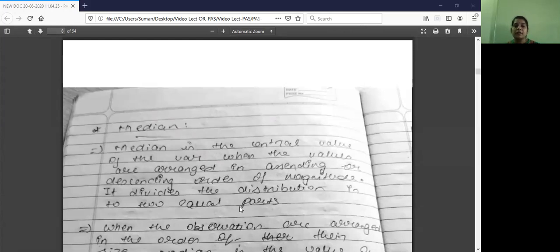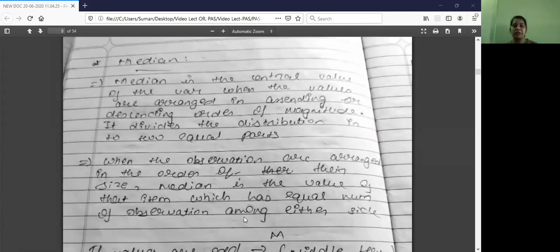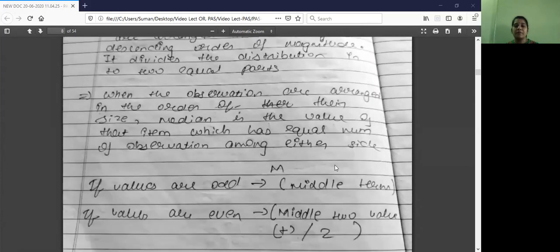Okay, it divides the distribution into two equal parts. That means when the observations are arranged in the order of their size, median is the value of the item which has an equal number of observations on either side.